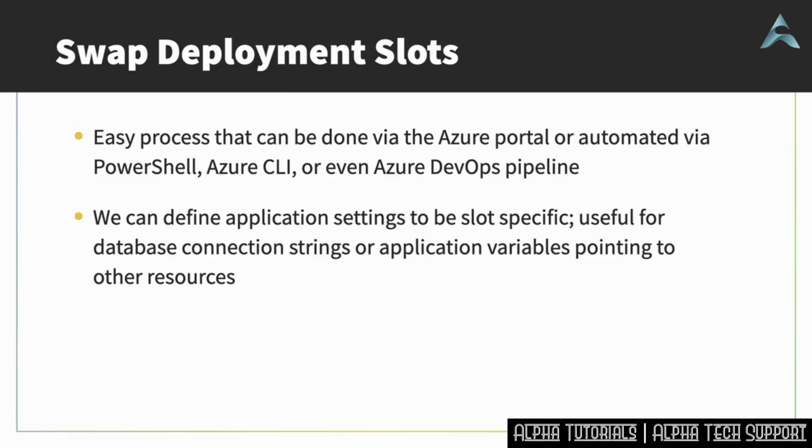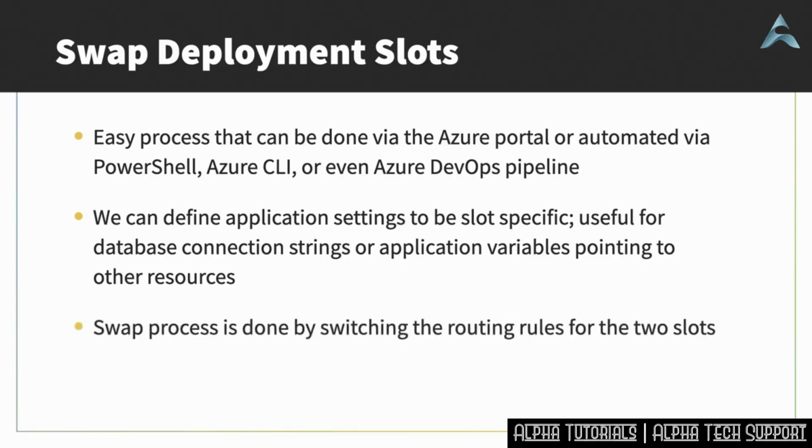Things like this you can do, and they're very useful. The swap process is done by just switching the routing rules for those two slots. Like I was saying before, this is done very quickly, with almost zero downtime.